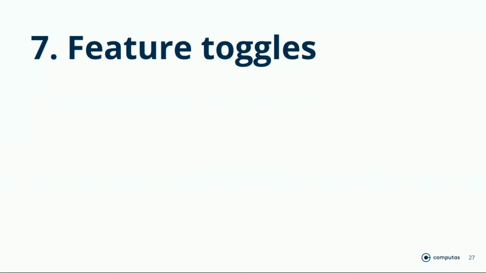All right, step 7, or trick 7, that I hope many of you are already using: feature toggles. Feature toggles are in themselves a trade-off. It's a trade-off between the flexibility they introduce and the fact that you have to write and handle more code. But you can make use of them on the testability side.